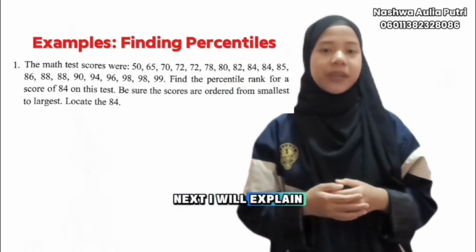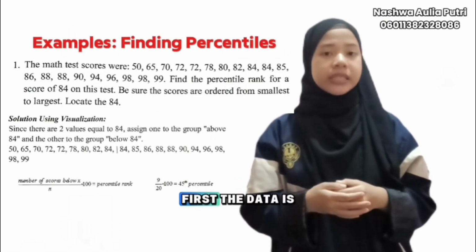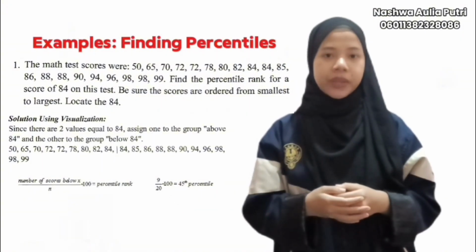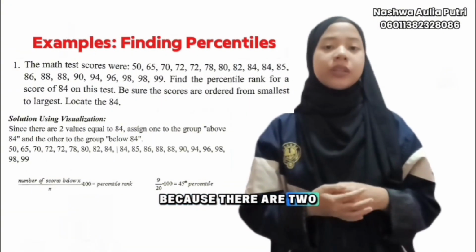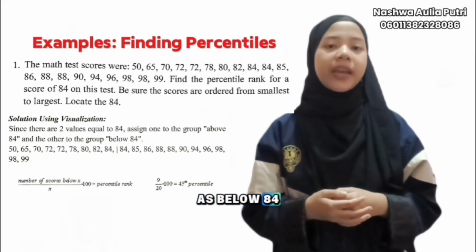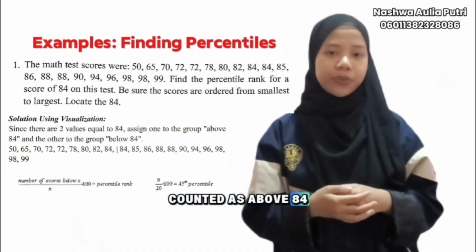Next, I will explain this solution using visualization. First, the data is ordered from the smallest to the largest score. Because there are two scores equal to 84, one score is counted as below 84 and the other is counted as above 84.